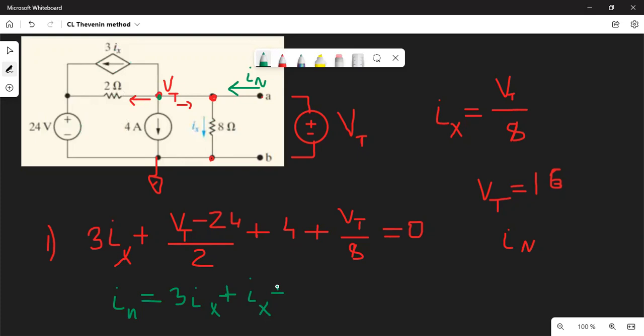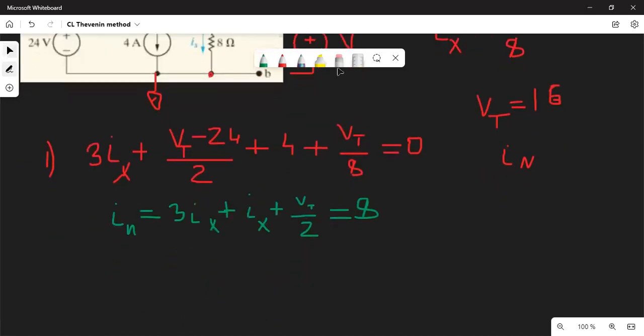I'm speeding because we have very short time to finish. Vt over 2, which is this 2 ohm resistance, and Vt is our Thevenin voltage. Then you get another formula according to the notes to identify Rt, which is the fastest formula. Rt is just equal to Vt over IN. So it's equal to 1 ohm.